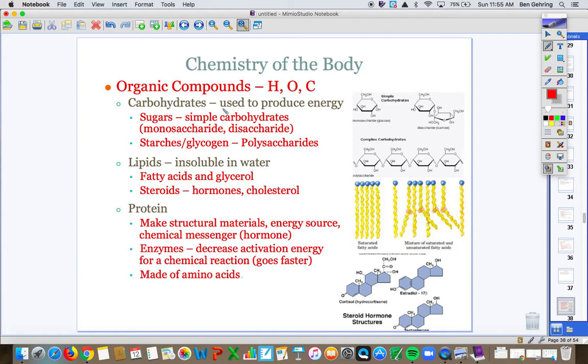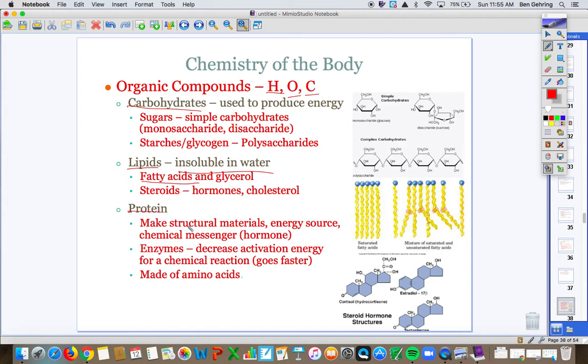And then here are your organic compounds. So organic compounds contain hydrogen, oxygen, and carbon covalently bonded together. So we have things like carbohydrates, which are one organic compound used to produce energy. Lipids are your fats. So when we talk about lipids, we're talking about fats. And they are insoluble in water, they can't be dissolved, but they're important for our body.